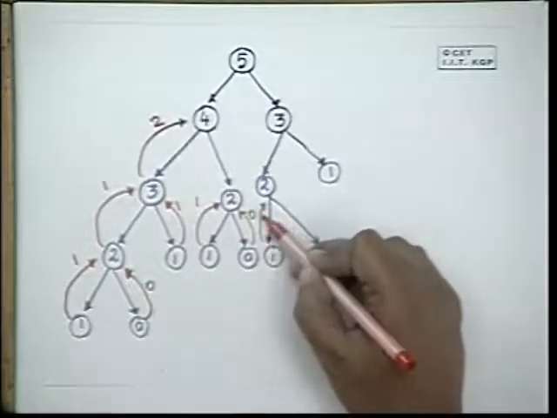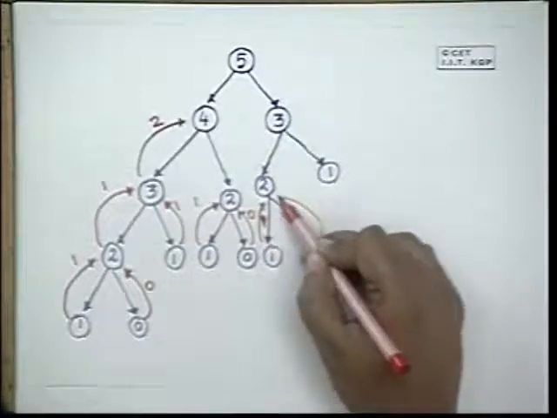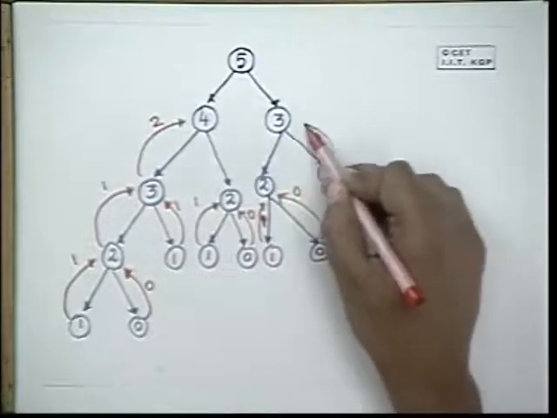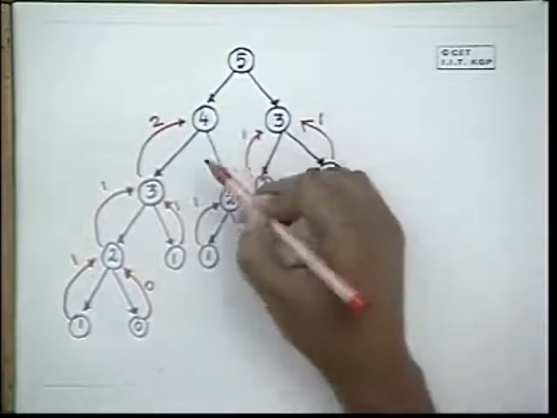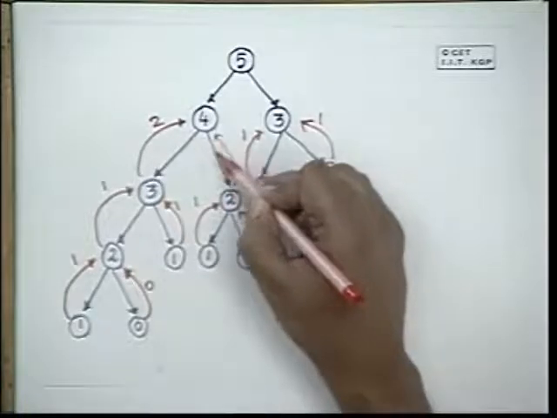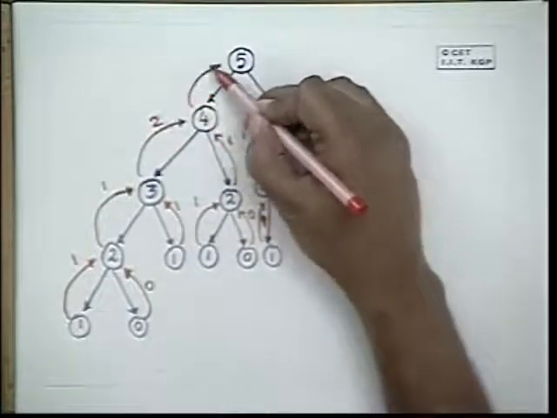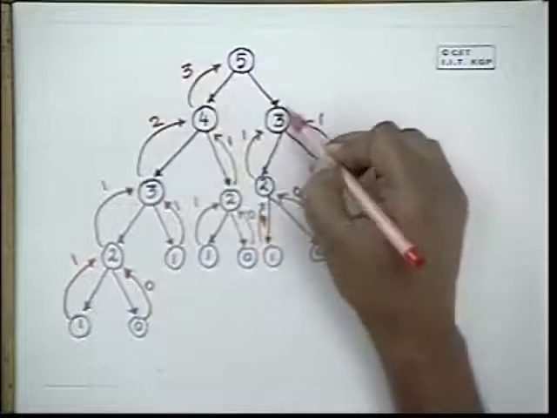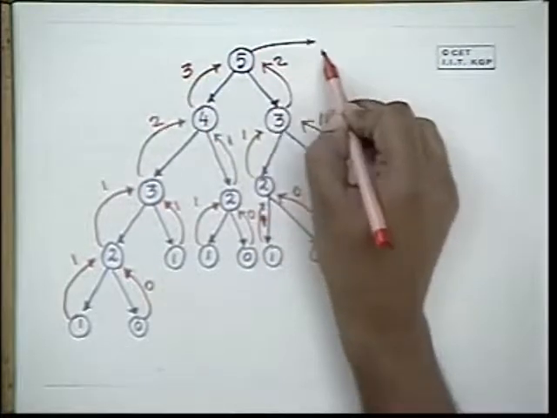So let's draw up all the return links. 1, 0, 1, 1, 1. This returns 3, this returns 2, and this returns 5.